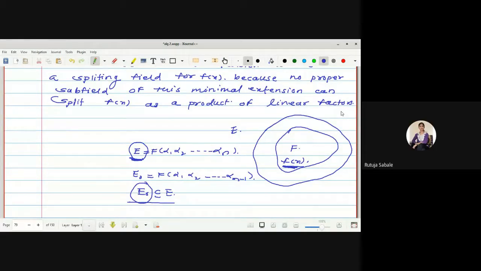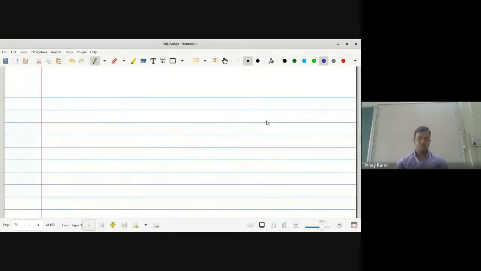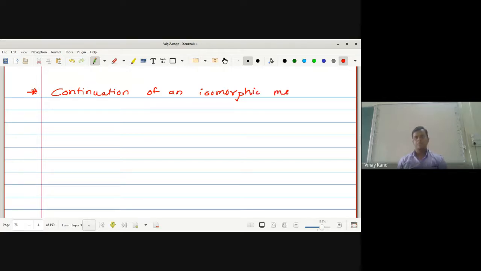No, sir. Okay, now the next point is continuation of an isomorphic mapping. What is the continuation of an isomorphic mapping? Now look at it, the next definition is continuation of an isomorphic mapping.